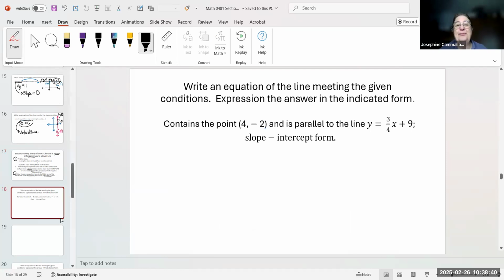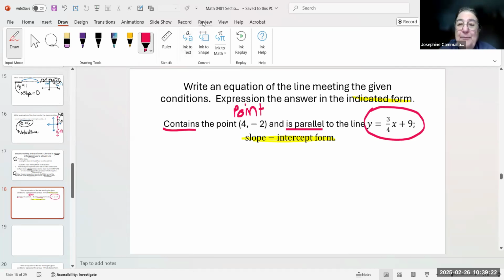Well, let's look at this problem. Okay. Write an equation of a line meeting the given conditions. Express the answer in the indicated form. Okay, the indicated form is right here. Slope-intercept. Now, the line is going to contain this point that's got to be on my new line, and is parallel to this line.